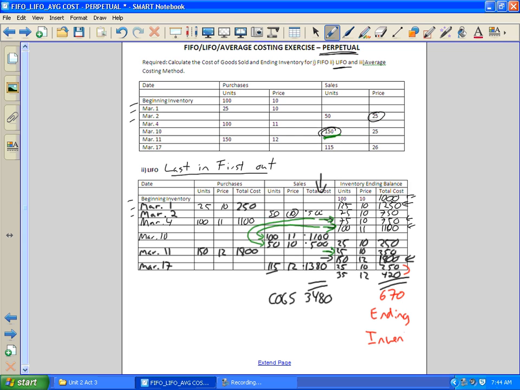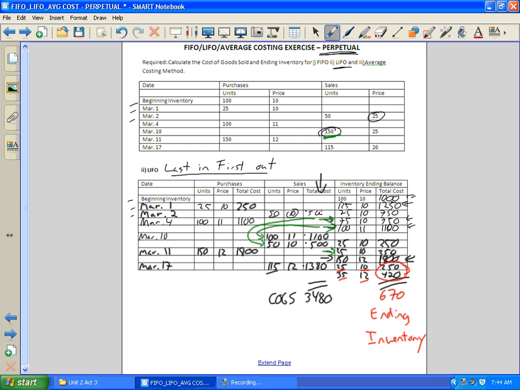That's our ending inventory. The 25 units times 10 equals 250 bucks. The 35 units times $12 a unit equals 420. That gives us a combined $670 in ending inventory when I add these two numbers that are still sitting in inventory at the end of the transactions.